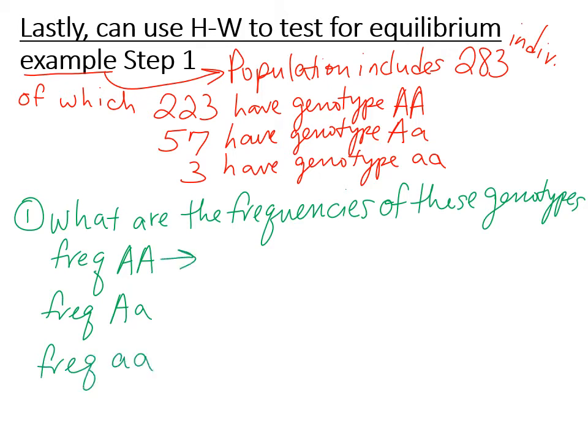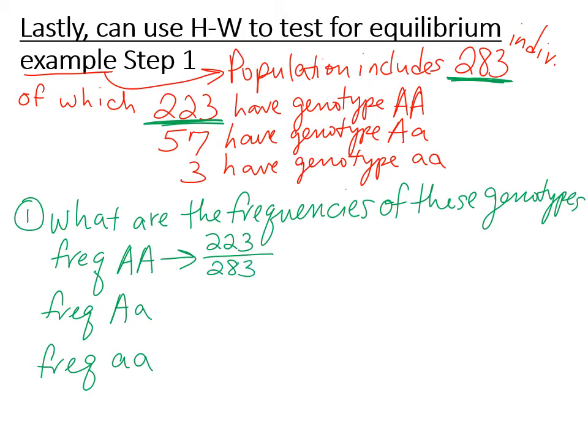Well, what do you know about the homozygous dominant? We said 223 out of 283 have that genotype. And what did we say before about out of in math? 223 out of 283.